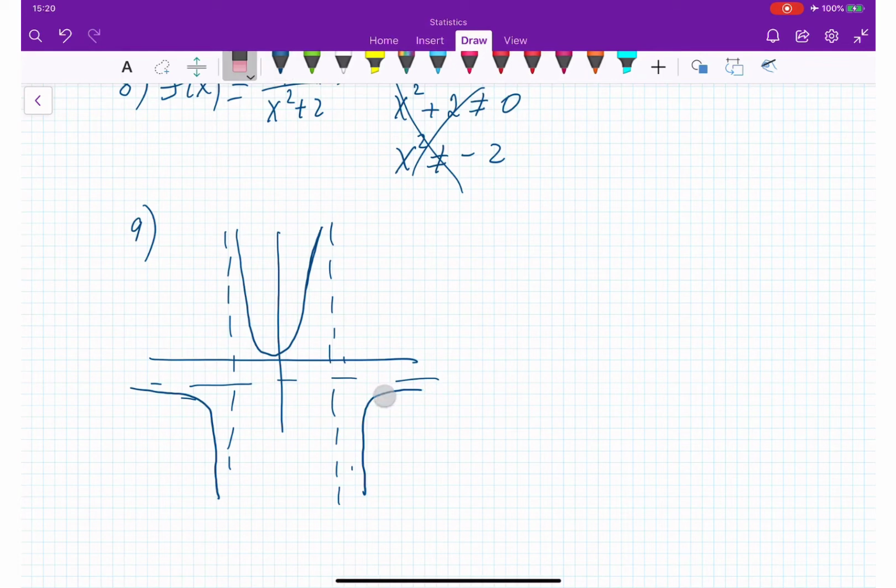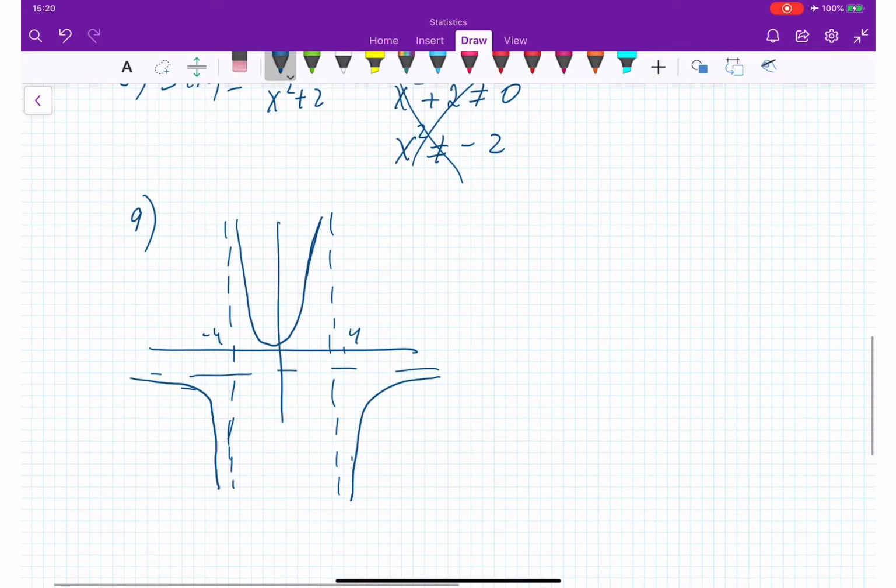Which means this one also, let me do it better. Okay. So, we need to identify vertical asymptotes. If this is negative 4 here, let's say this is negative 4, this is positive 4, which means this will be x equals negative 4, this one x equals positive 4.